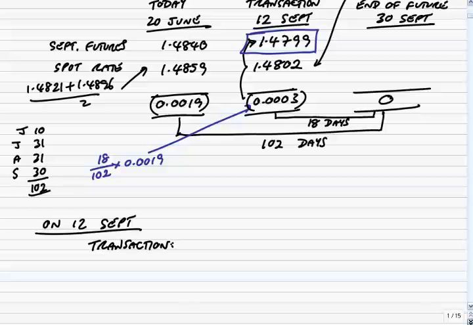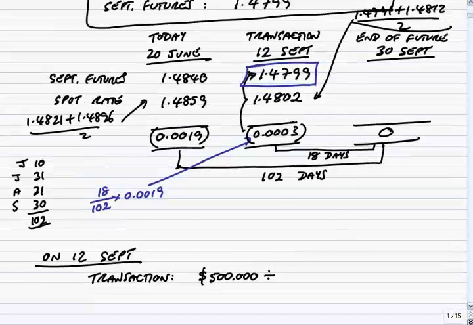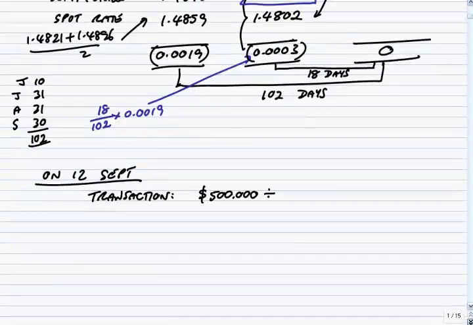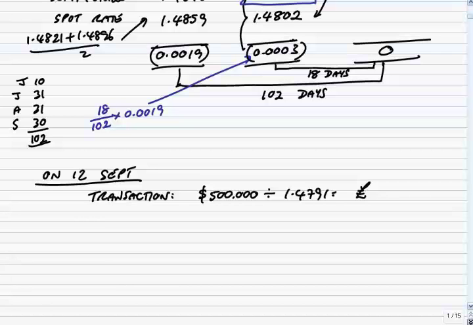The transaction was $500,000. We're paying, so remember, we're having to buy dollars, it's the buy rate, which was 1.4791. The transaction itself will cost us $338,043. Remember, this time we're paying money, so we'll have to pay that much.